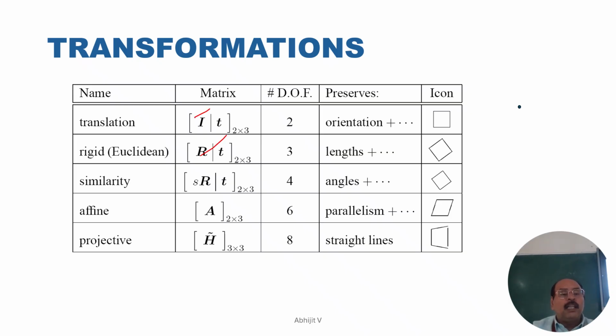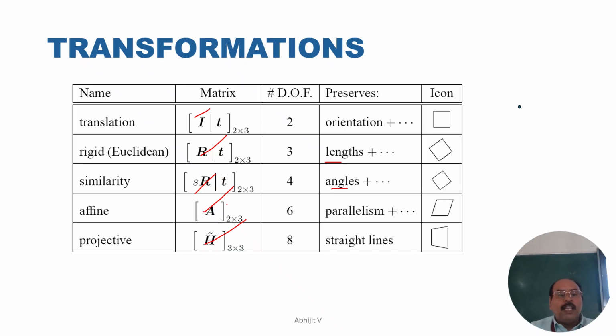Rigid, similarity, affine, projective. Here it preserves the orientation, the other preserves the length, it preserves the angle. In affine, it preserves the parallelism. When 2 objects are parallel, the parallel remains the same before and after the transformation of an image.